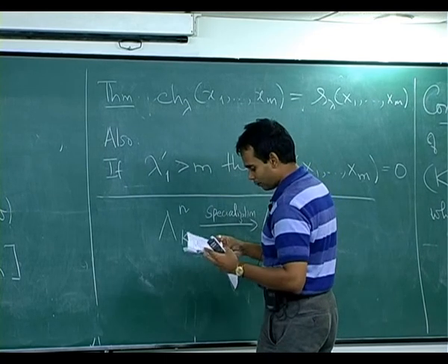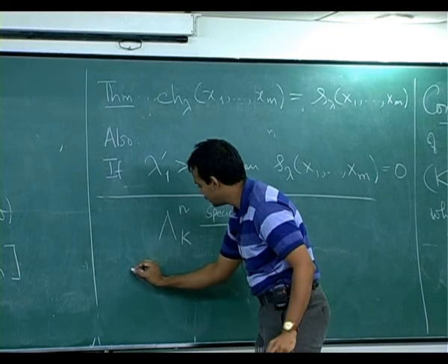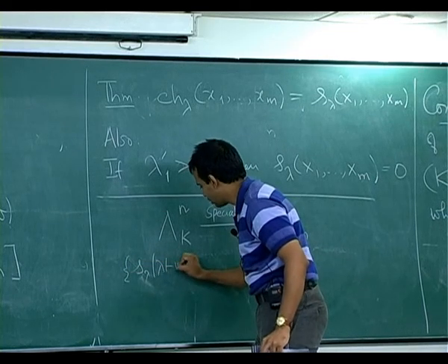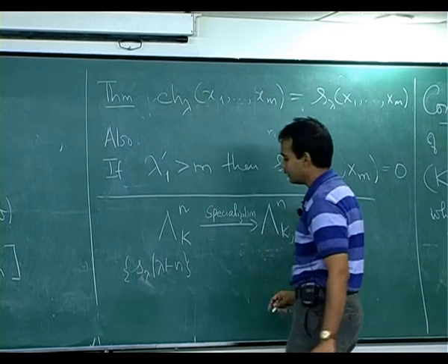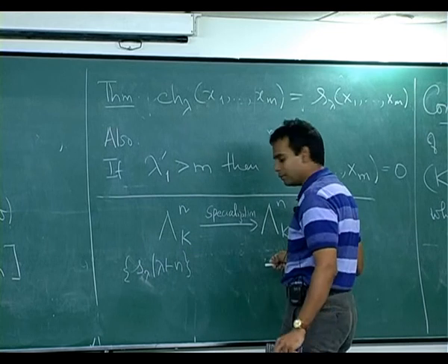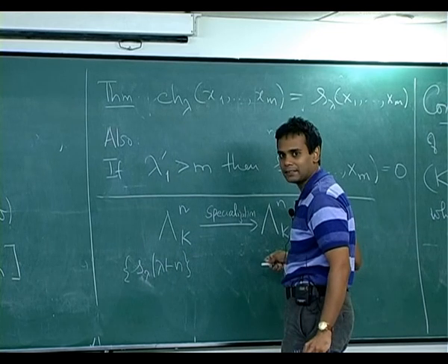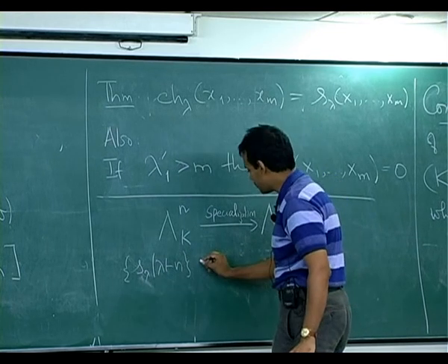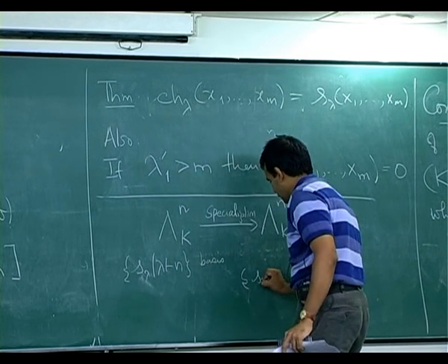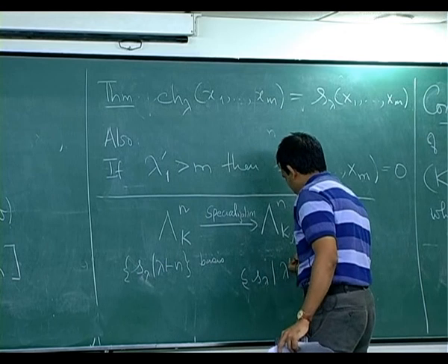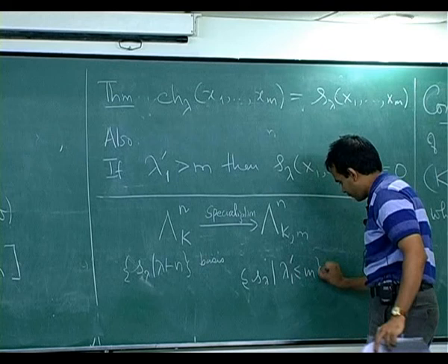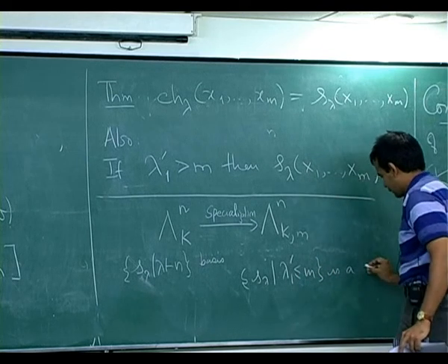And what we have is that S lambda, where lambda is a partition of n, is a basis, right. So, its image here must be a generating set. So, this is a basis implies that S lambda, where lambda has less than or equal to m parts, is a spanning set.